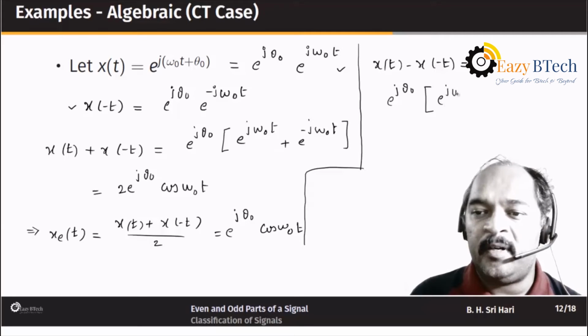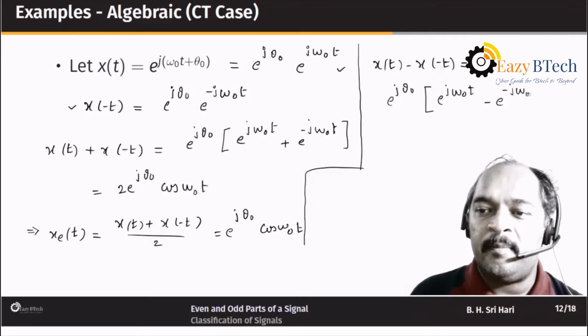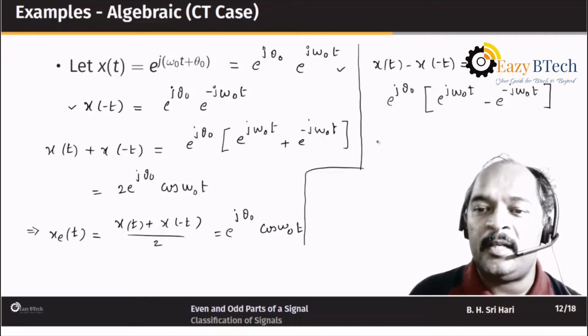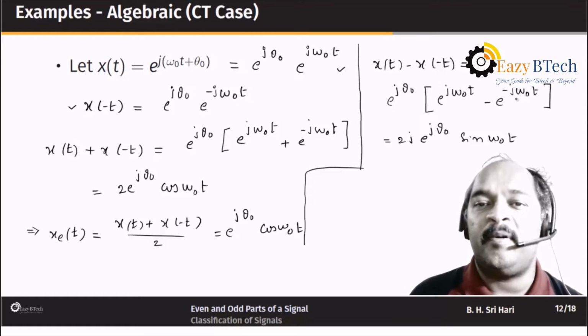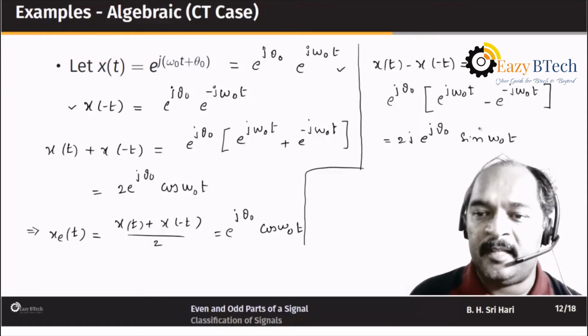So you will get e power j omega naught t minus e power minus j omega naught t. That simplifies to 2j e power j theta naught sine omega naught t. Why? Because e power j theta minus e power minus j theta is 2j sine theta.